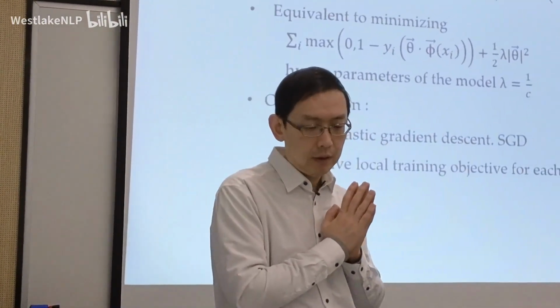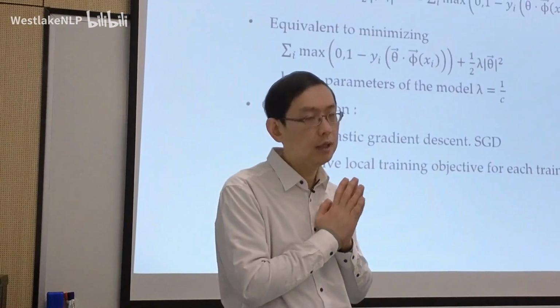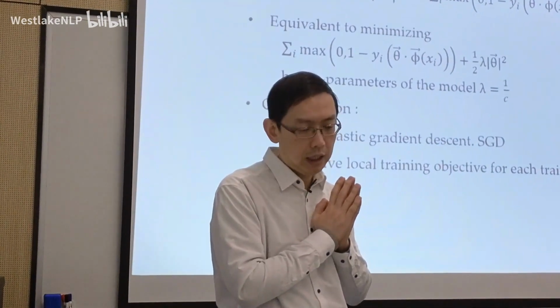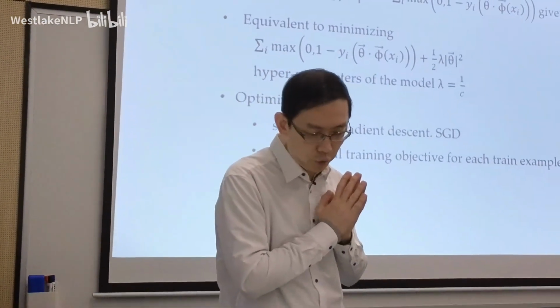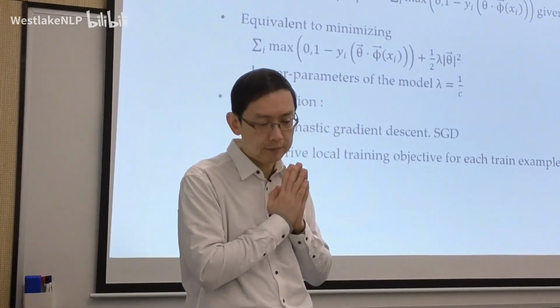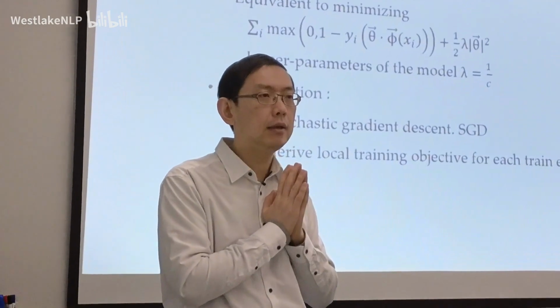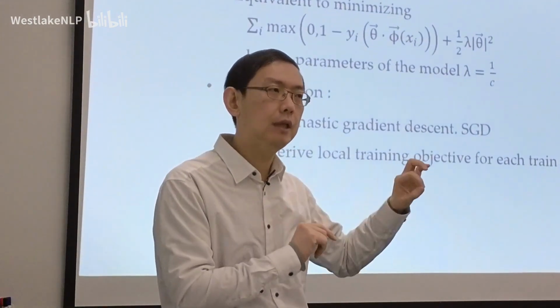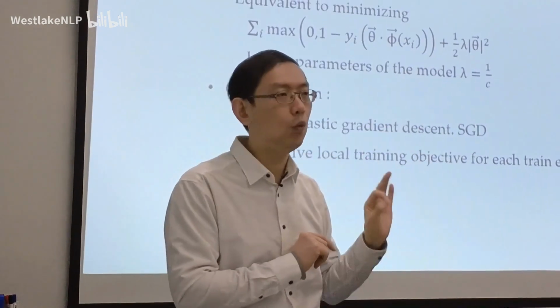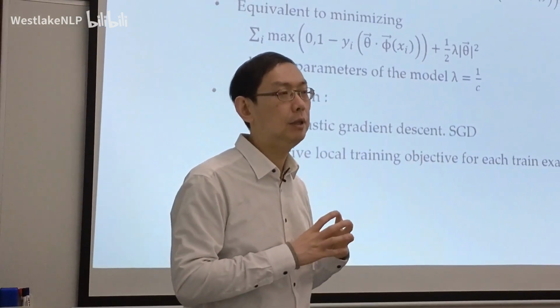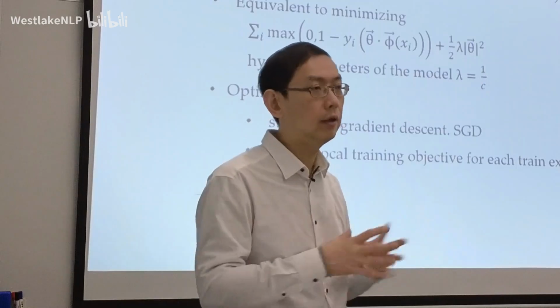So, if y times theta dot phi is greater than 1, it means that there's no violation. Positive class instances are way above the hyperplane, and negative ones are way below the hyperplane. That means y times theta dot phi is greater than 1.